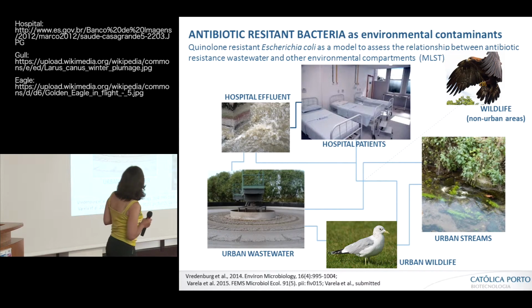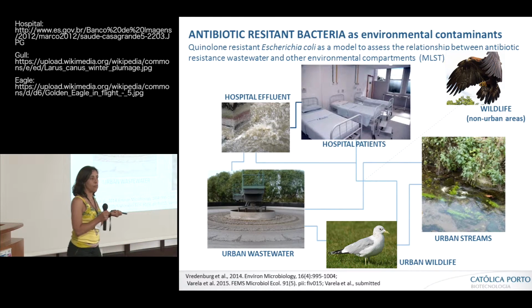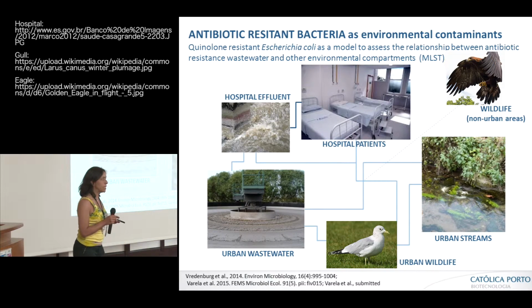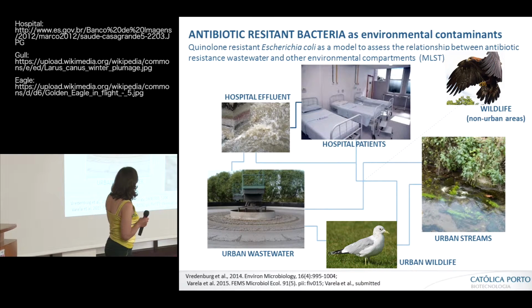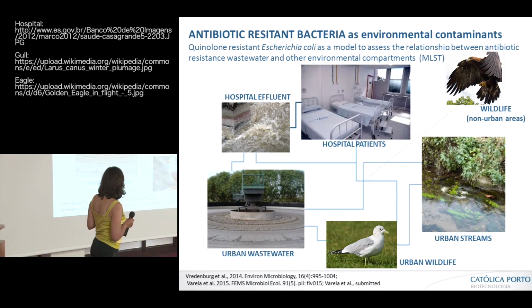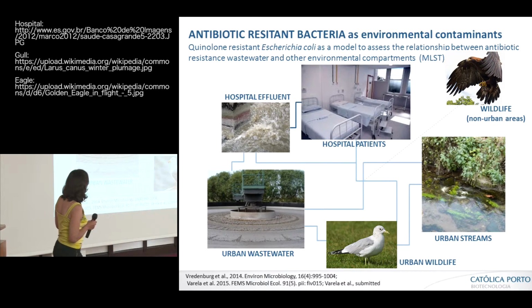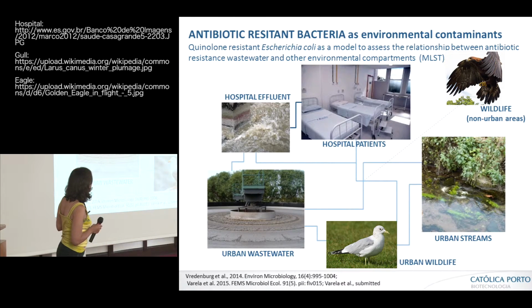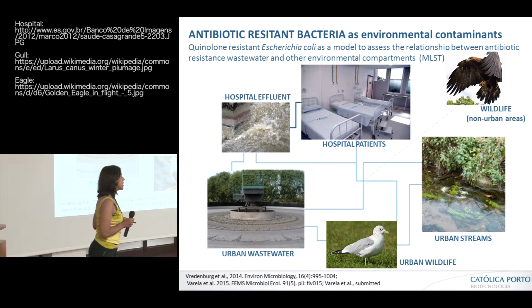In these studies, we used Escherichia coli, which is a fecal contaminant. Based on multi-locus sequence typing, we compared Escherichia coli from different sources: from urban wastewater, from hospital effluent, from patients, from urban streams, from wildlife that live in our city, for instance in Porto, where I come from, and from wildlife that live in a natural reserve.